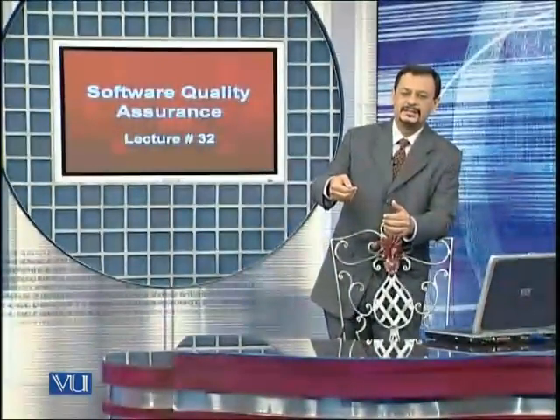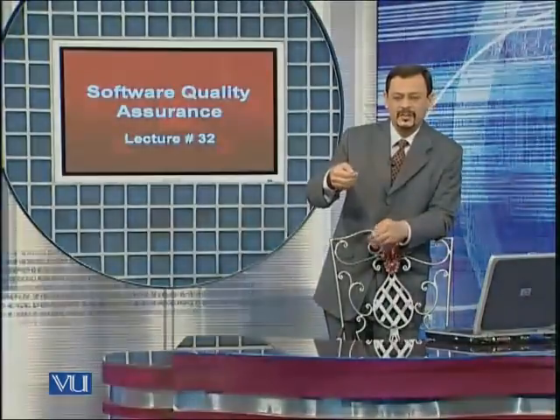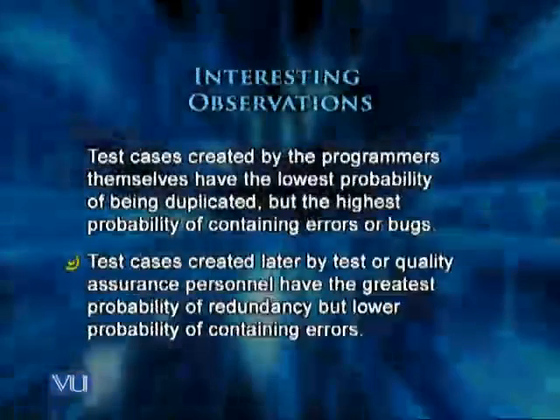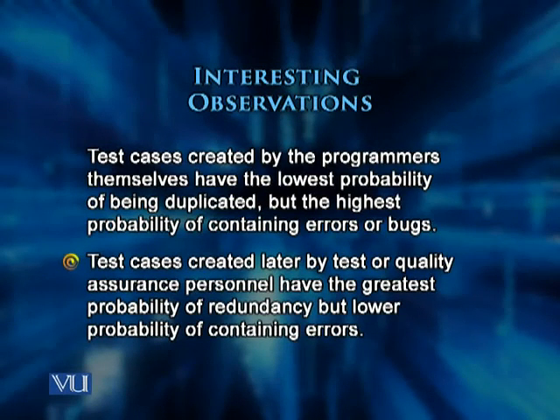So whenever the programmers are creating test cases, they will not contain duplicity or redundancy, but they will contain errors. Test cases created by test or quality assurance personnel have the greatest possibility of redundancy, but lower probability of containing errors, because these are typically professionals.